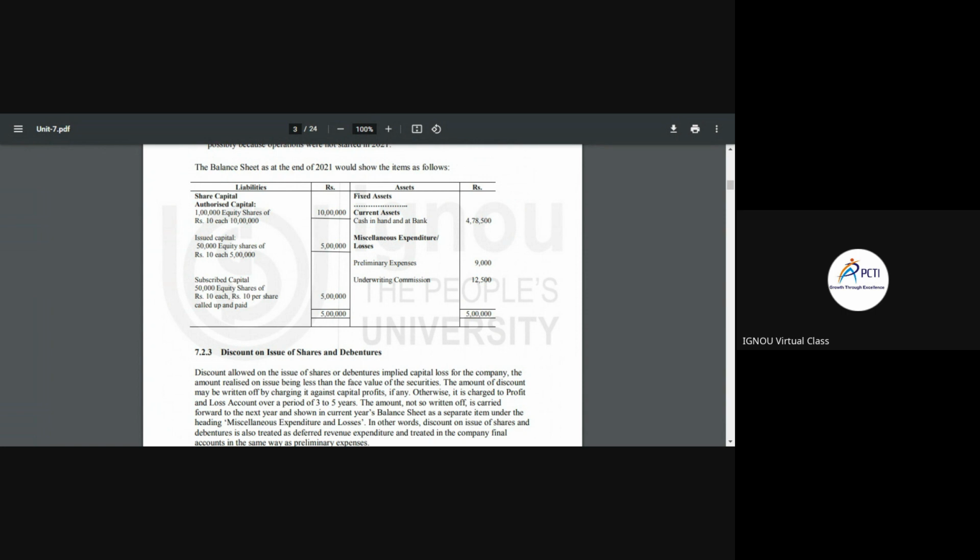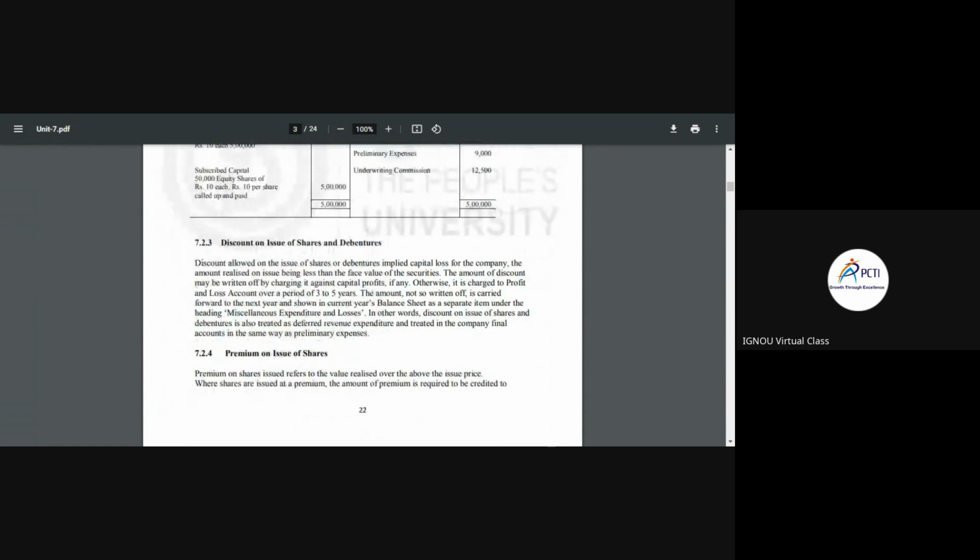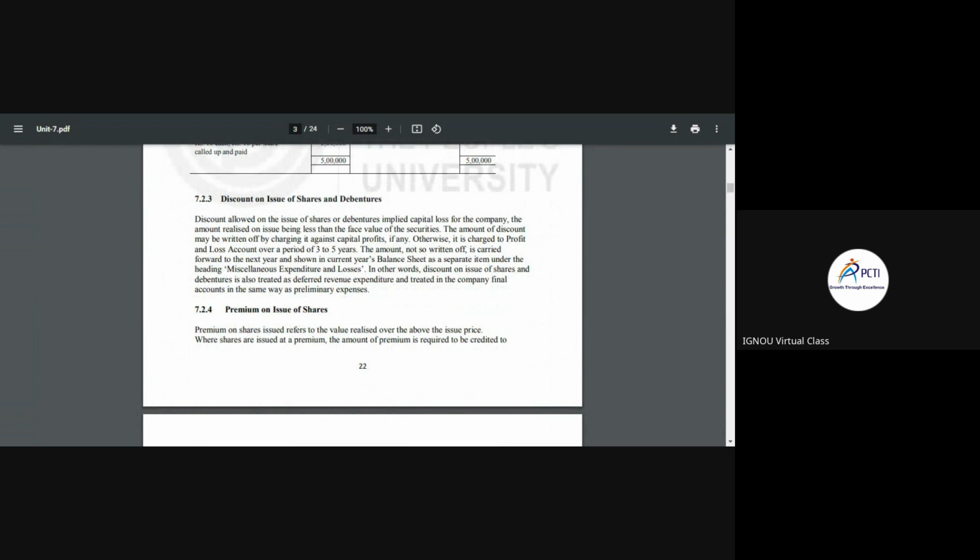Next is discount on issue of shares and debentures. If we are issuing shares and debentures, it is our choice that we can give a discount to the shareholder or the debenture holder, but it is a capital loss for the company. In the case of discount allowed on issue of shares or debentures, it is charged to capital, as a capital loss for the particular company.